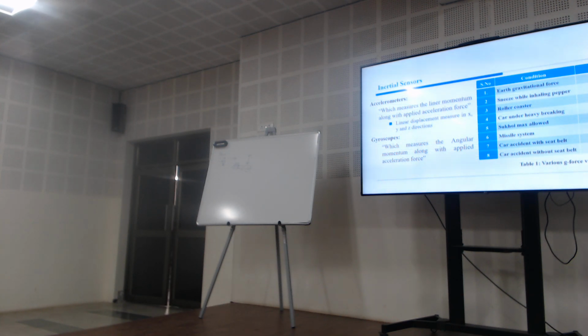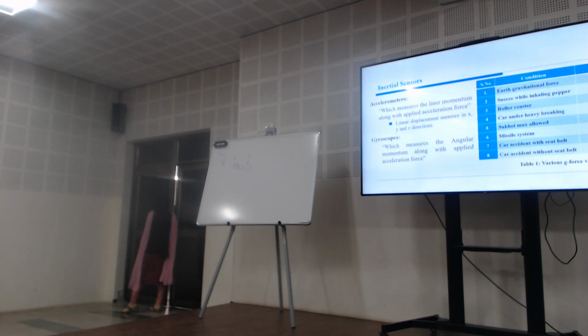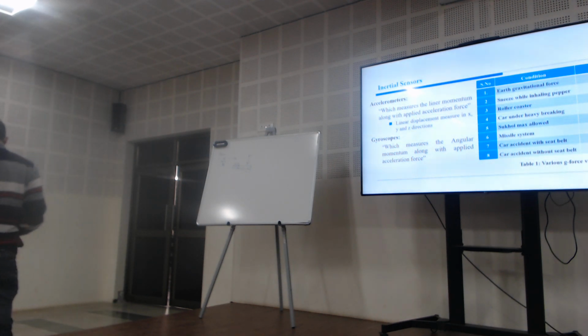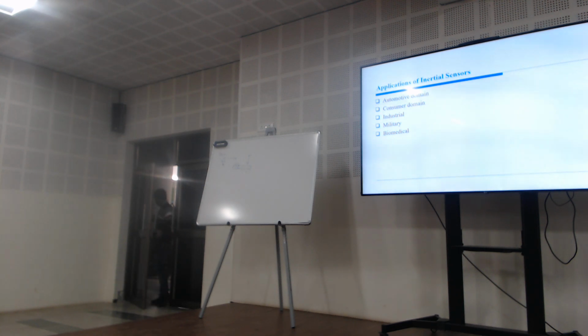So first we have to decide which parameter. What size of parameter do I need to take? That is 1G, 5G, 10G, 30G. I need to consider this carefully, and for that I need some background work. Next, after taking that, what is our application, where do I need to implement it? We can use inertial sensors in automotives.